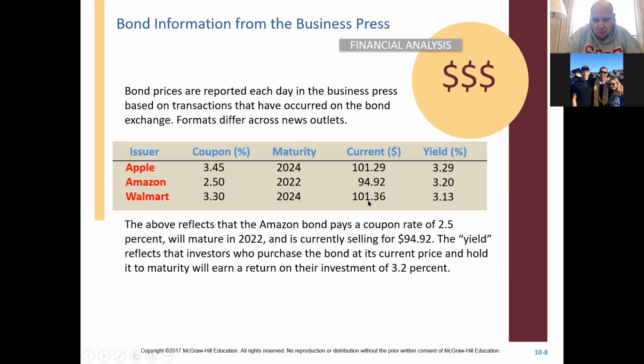And their market price is 101.36 because the market rate's a little bit lower. And now Amazon is not paying the market rate. So you're not going to pay $100. You're not going to pay $1,000 for that $100 bond. You're only going to pay $94.92. And these are the relationships we need to start understanding as we go through.